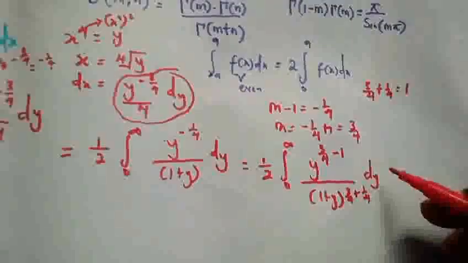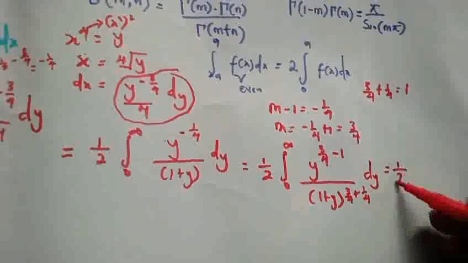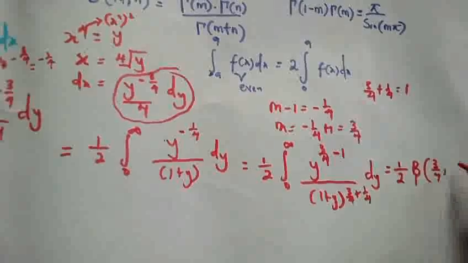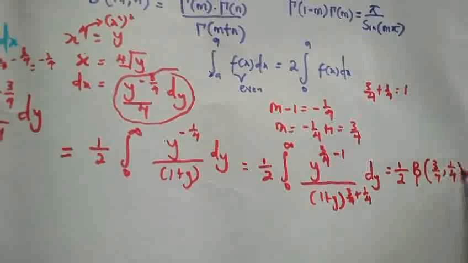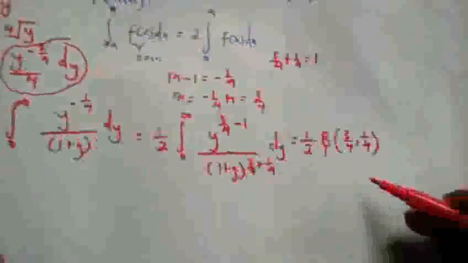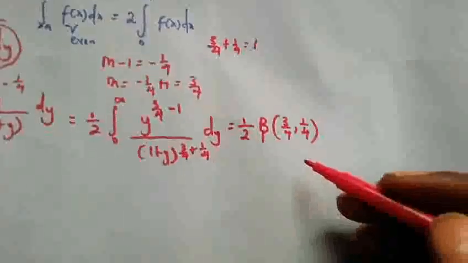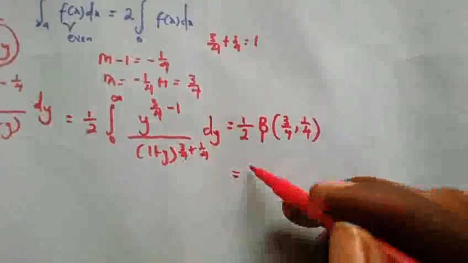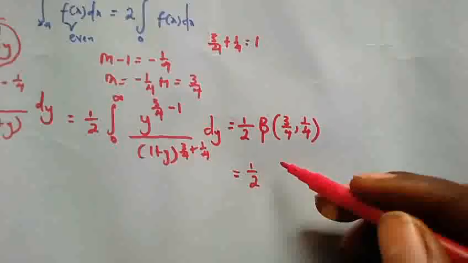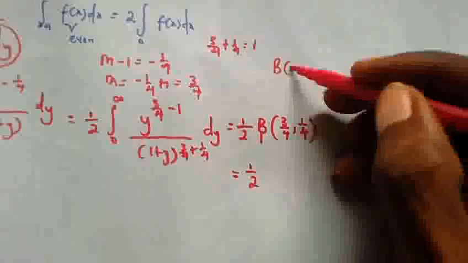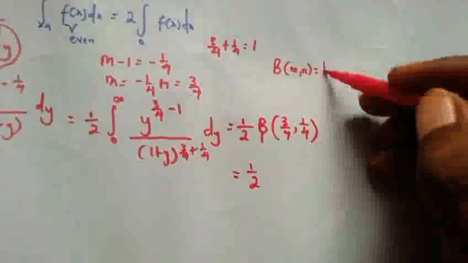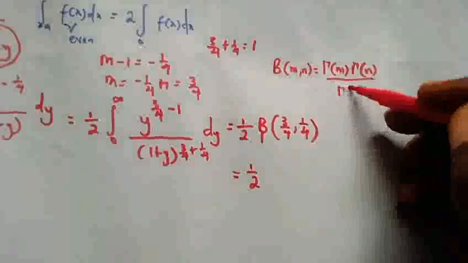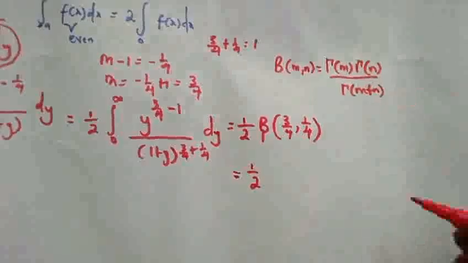Okay, from here we can take our function. So we have 1 over 2, the beta of 3 all over 4, 1 all over 4. Okay, now how do we simplify this? This is going to be taking the relationship between the beta function and the gamma function. The beta of m, n is equal to gamma of m, gamma of n all over gamma of their addition, m plus n.